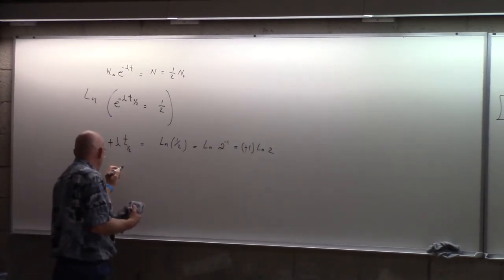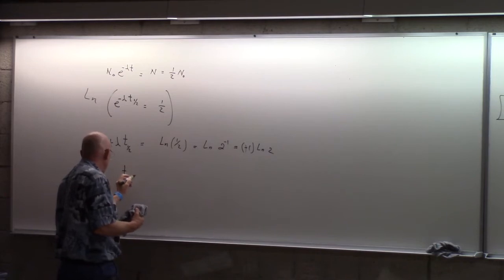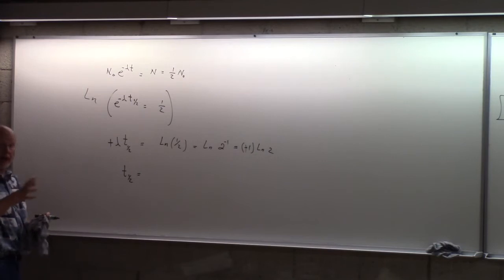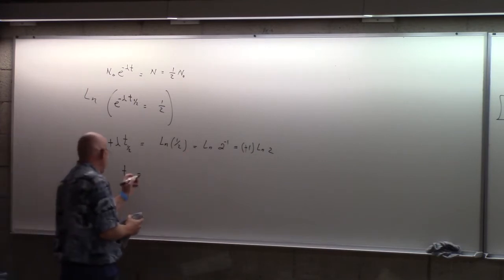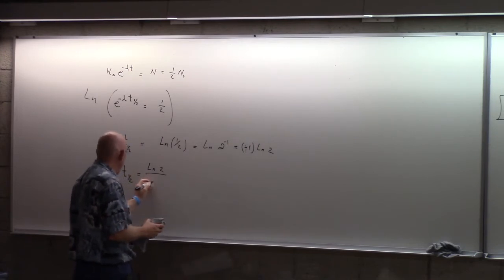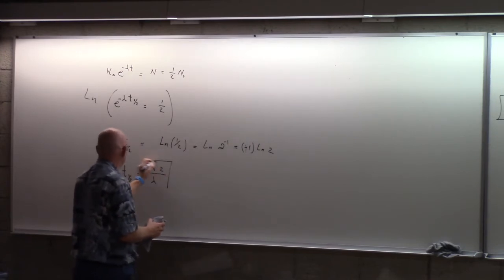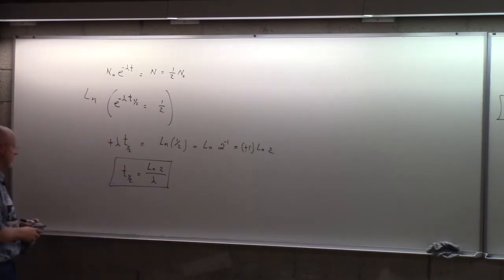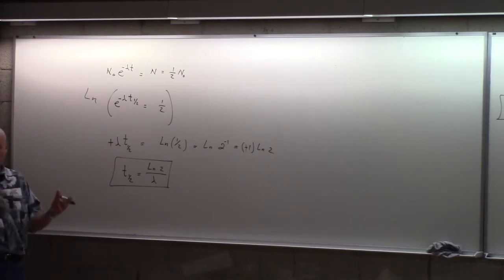And I finally will get what I was hoping for, which is the time, what we call the half-life, would be the natural log of 2 over lambda. And so the decay constant and the half-life are really one and the same. Once somebody tells you one, you also know the other.